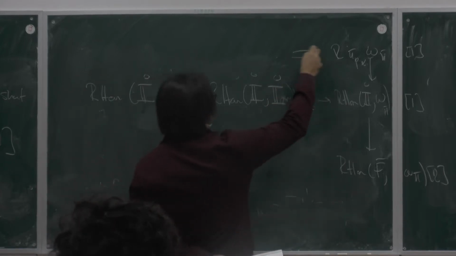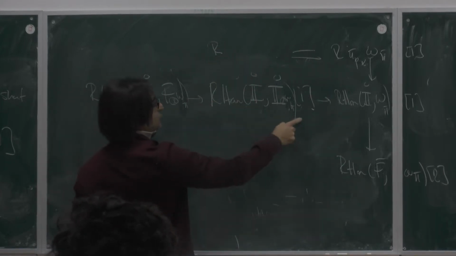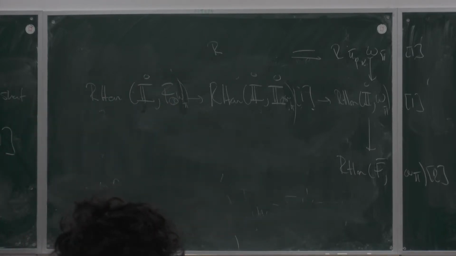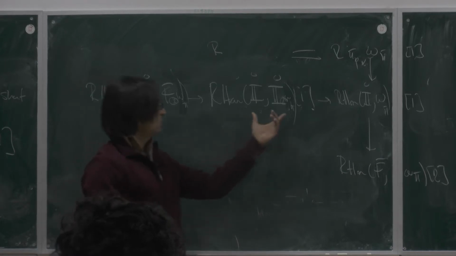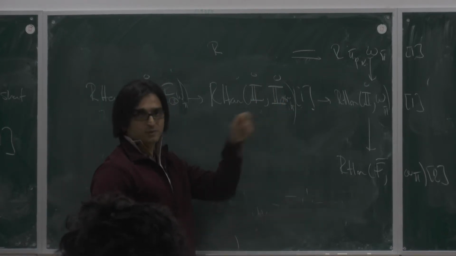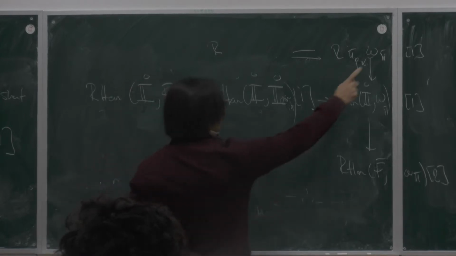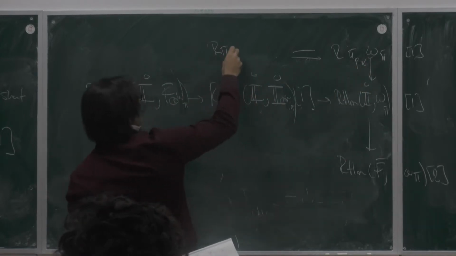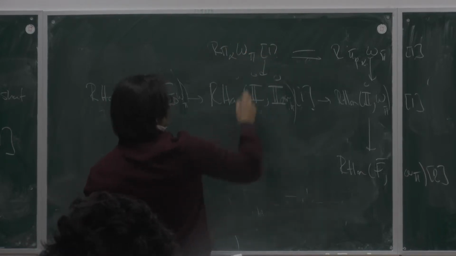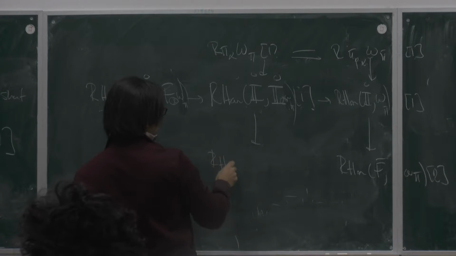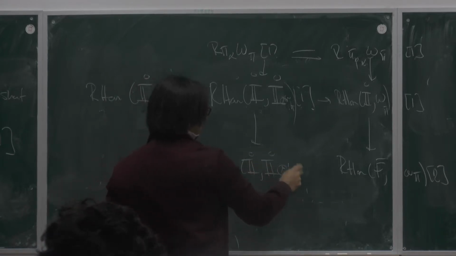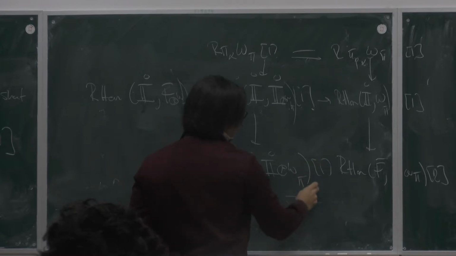And why am I doing this? Because I would like to look at the trace-free ones. I'm applying R Hom to this, and I would like to subtract off a piece of O from here, but now everything has been modified by multiplication by omega, so I multiply by omega first and then subtract. I'll take it out. So if I do this, naturally by definition, I will get just the trace-free part.